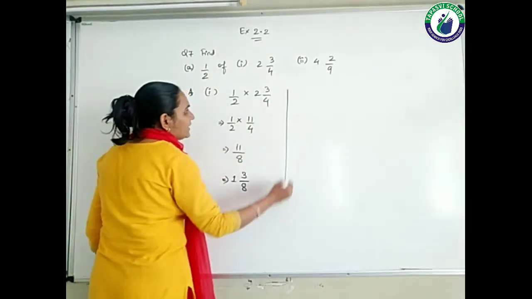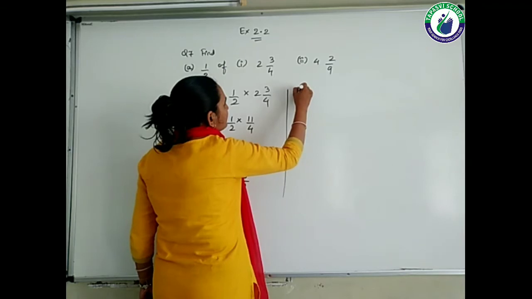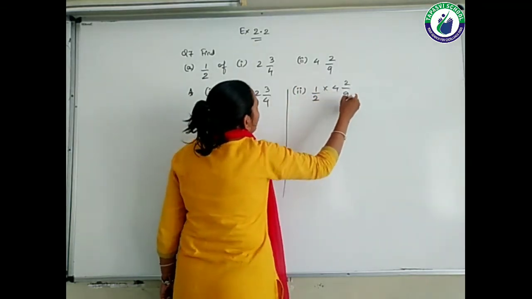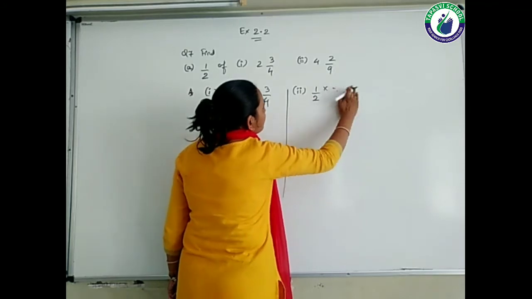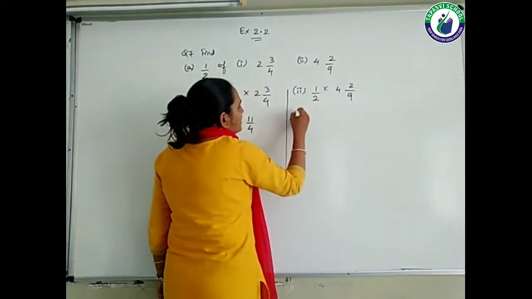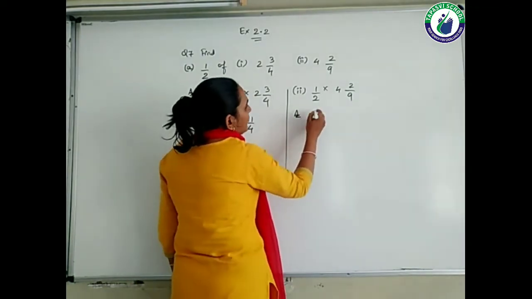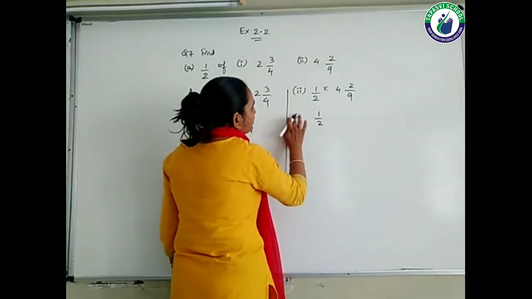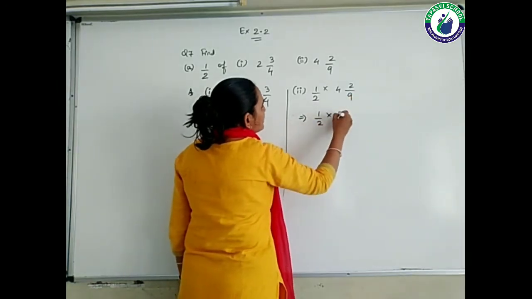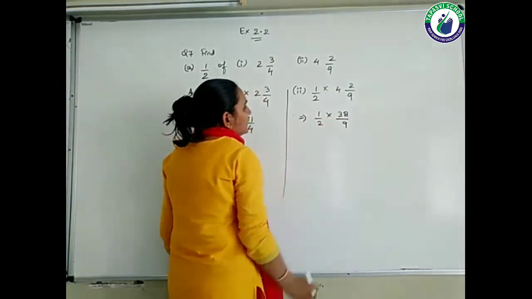Now see the second one, students. Half of 4 integer 2 upon 9, right? Just a minute. So half into 4 9s are 36 plus 2 is 38 upon 9, right?